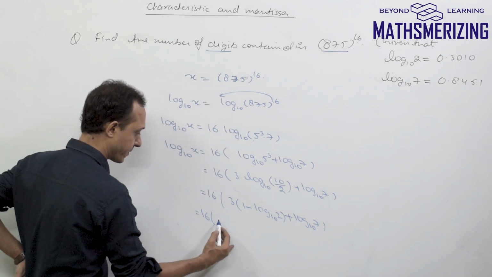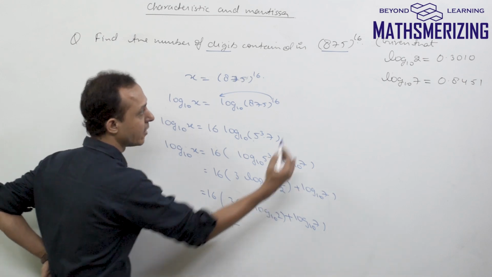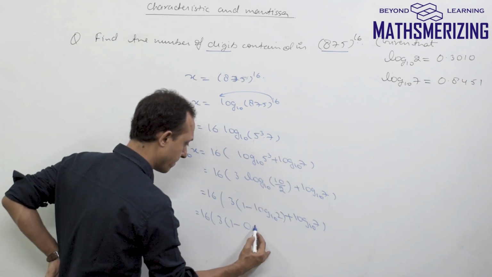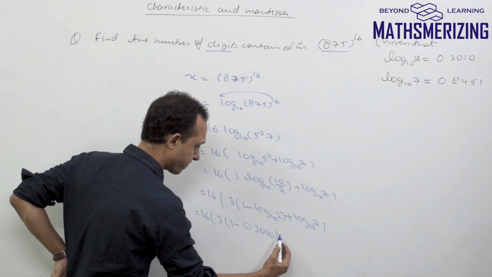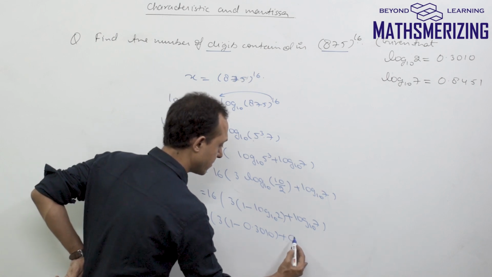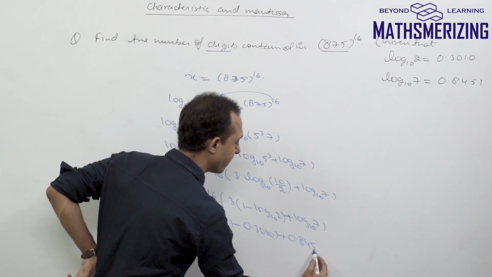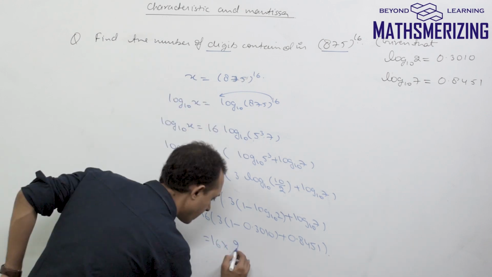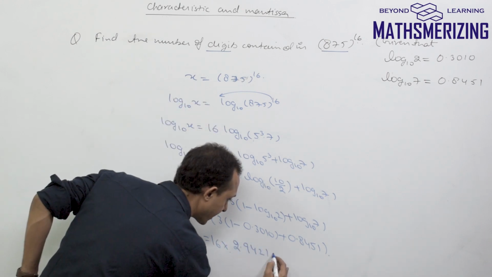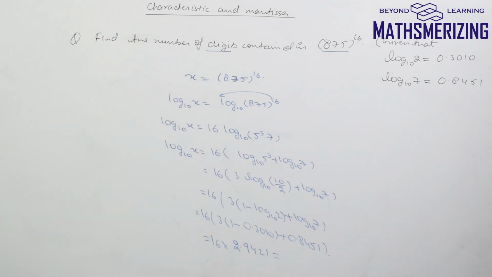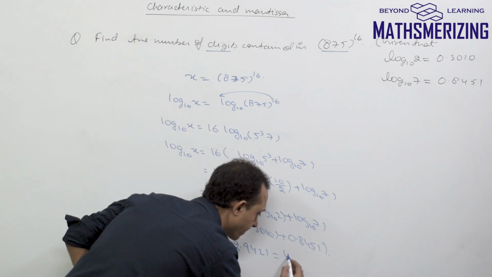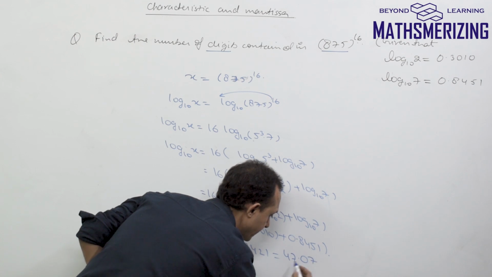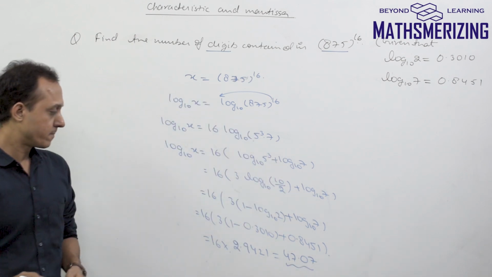So this is 16 and this is 3. 1 minus log 2 is 0.3010 and plus this is 0.8451. So this value is 16 into 2.9421, and if I multiply it with 16, I'll get this as 47.07 something.